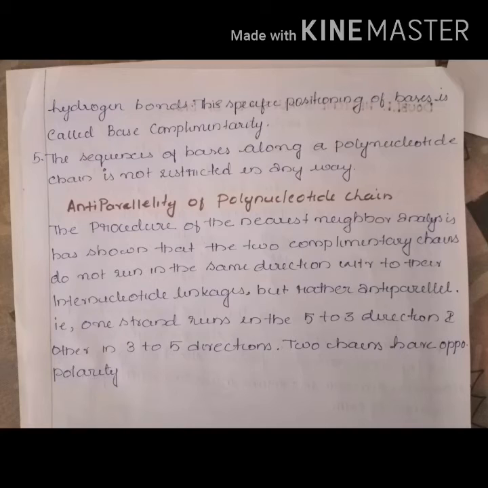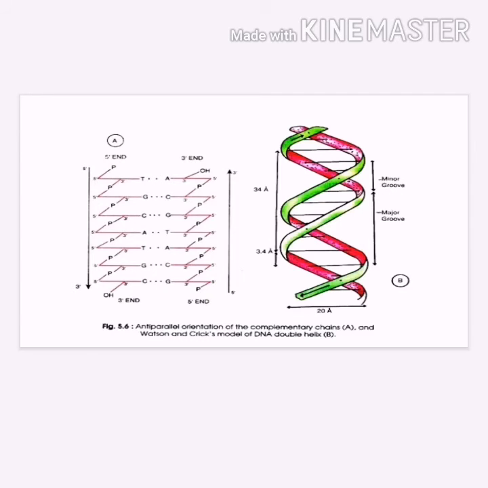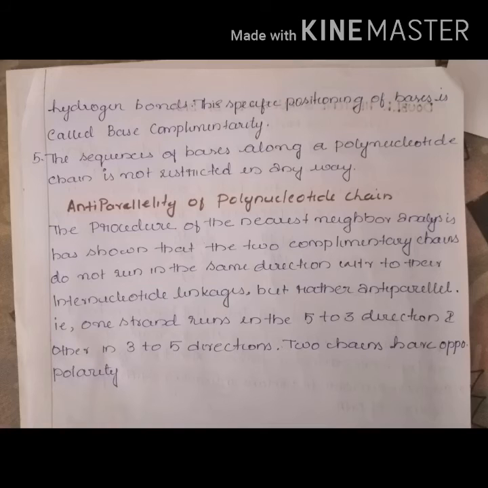As the name indicates, the two polynucleotide chains are anti-parallel to each other, or opposite to each other. If one strand runs in the 5' to 3' direction, then the other will run in the 3' to 5' direction. Consequently, these two strands or chains have opposite polarity.